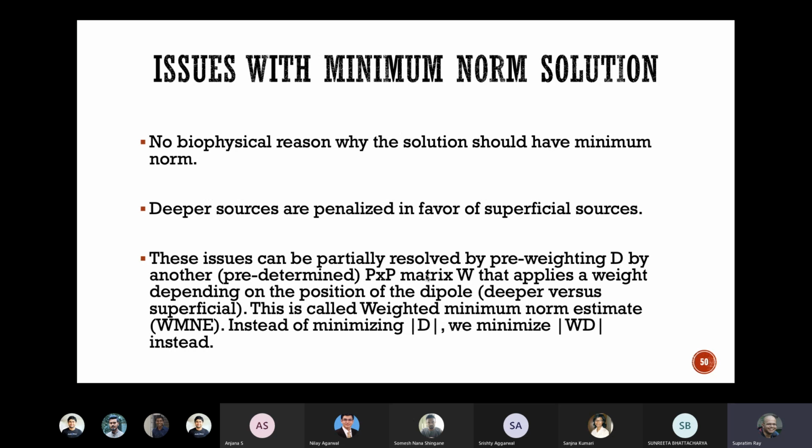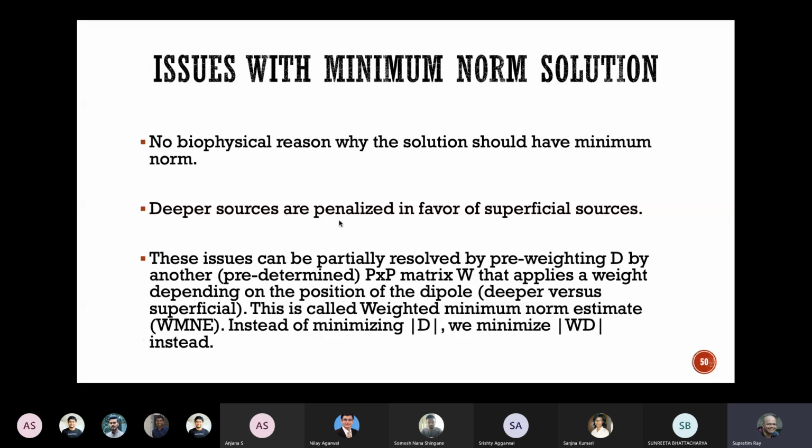So one thing is that you want to not penalize deep sources because deeper sources will have a smaller contribution in the scalp space. So if you're looking at a minimum norm solution, you will never end up choosing a deep source because deeper sources will have to have a large magnitude in order to be visible at the sensor level.